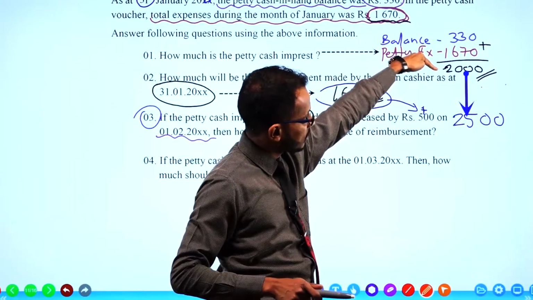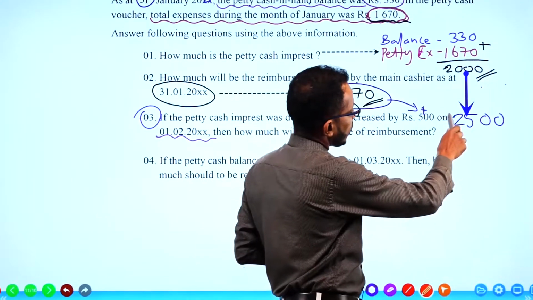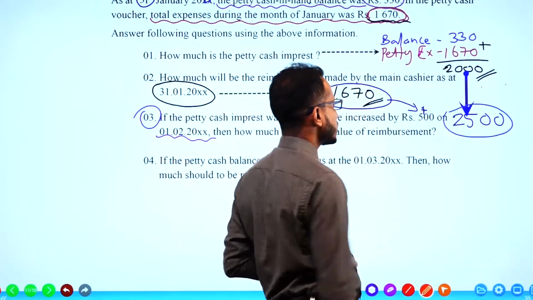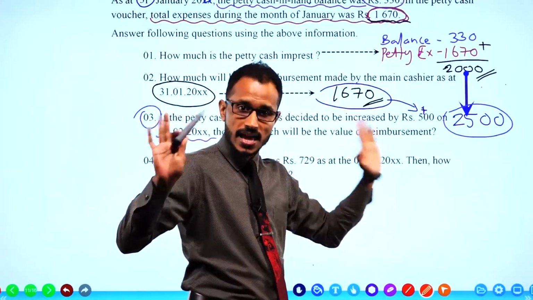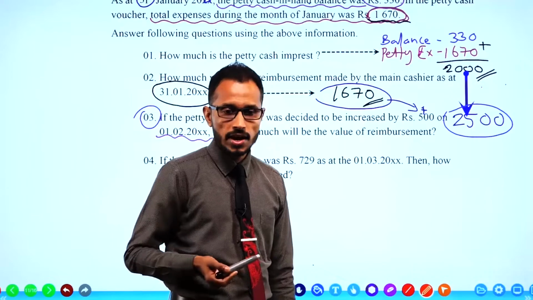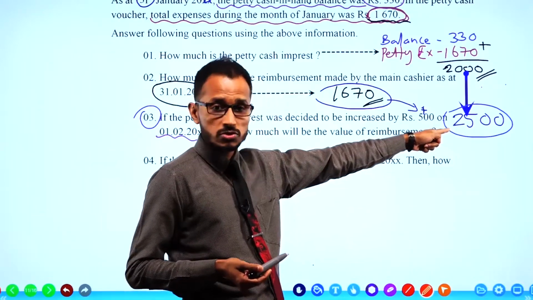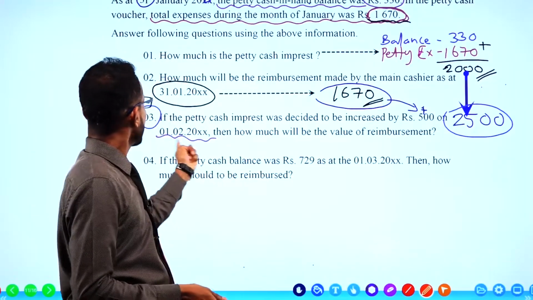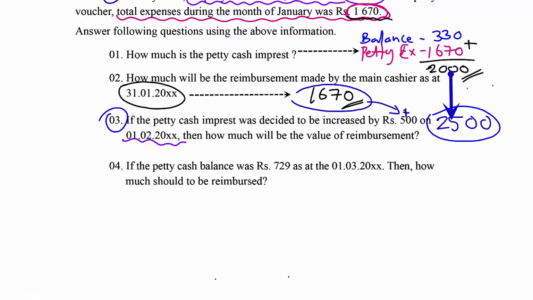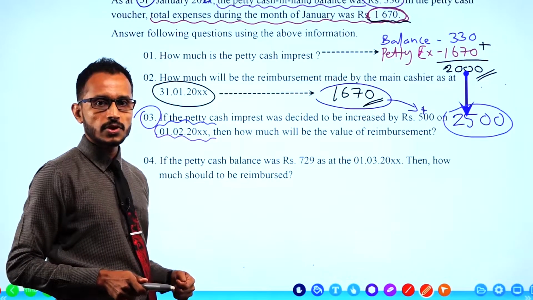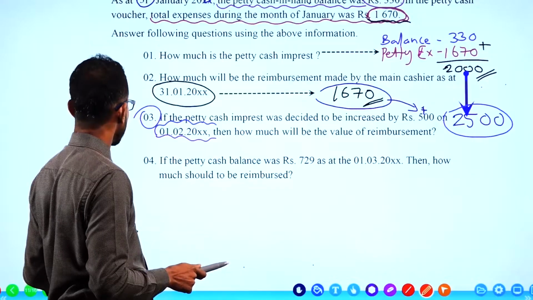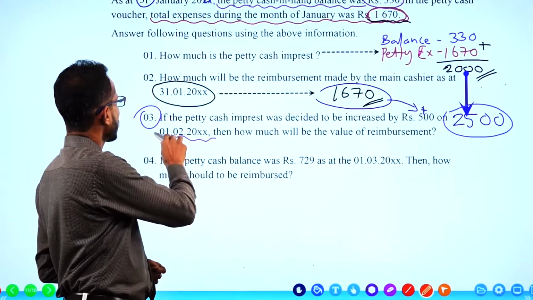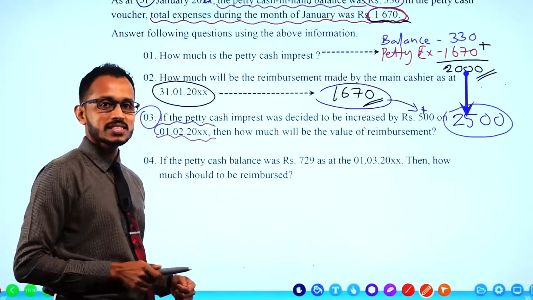Then this original imprest amount is 2000. When it is increased by 500, it becomes 2500. I got that information into my head, right? The imprest should be 2500 with the start of February, okay?